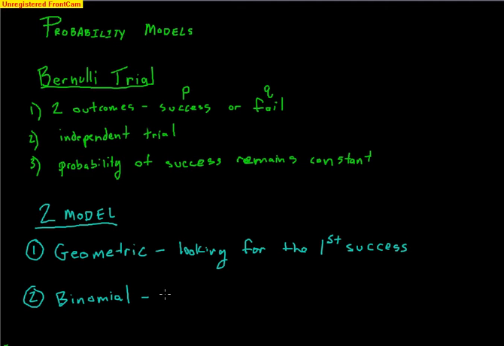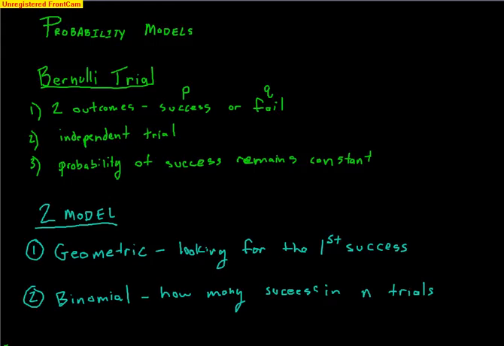We're looking for how many successes we could have in n trials. So geometric is just, first success, done. Binomial, when we say, okay, we're going to do 5 trials, how many successes could we have? Well, think it through. We could have none, 1, 2, 3, 4, 5. So it's a little bit more complicated when it comes to binomial.